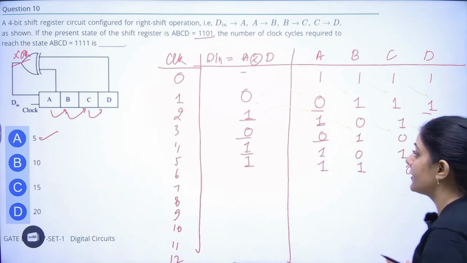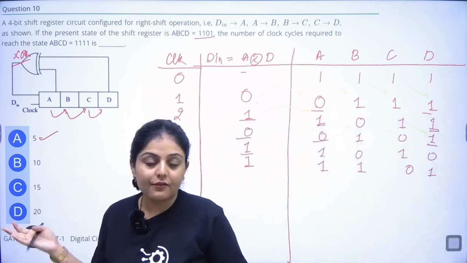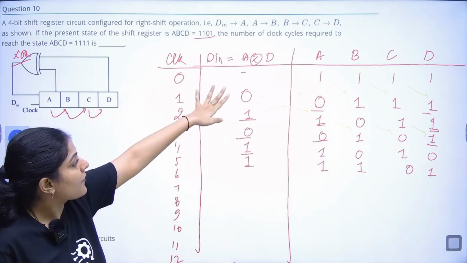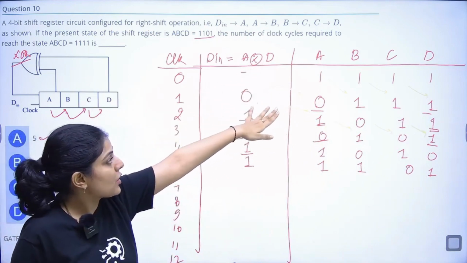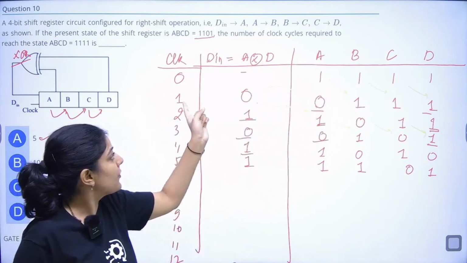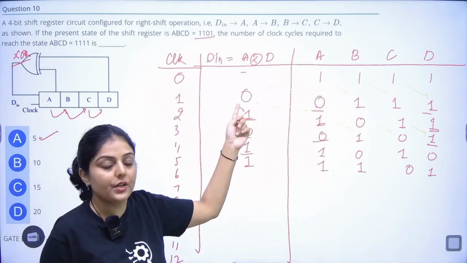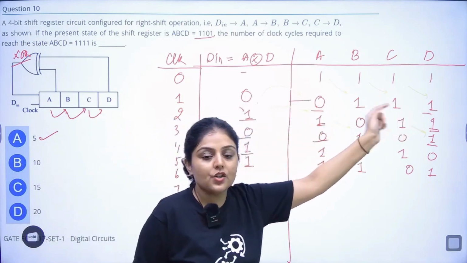So this is how the process is occurring. We have to XOR and shift bit by bit. Initially it was 1, 1, 1, 1. After the first clock pulse, A and D become XOR. It gives 0 and it shifts.